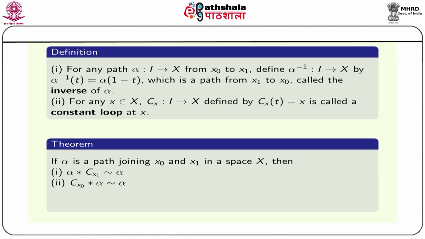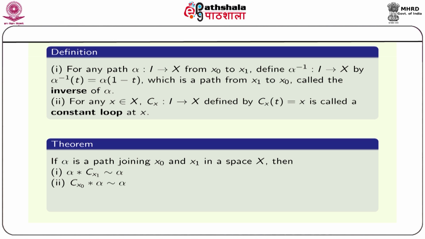Now, suppose alpha is a path joining x0 and x1 in a space X, then alpha star Cx1 is a path which starts at x0 and ends at x1. We see that alpha starts at x0 and ends at x1, while Cx1 starts at x1 and ends at x1. So, alpha star Cx1 is well defined. It can be proved that alpha star Cx1 is path homotopic to alpha.